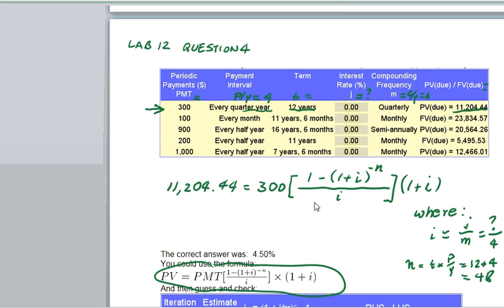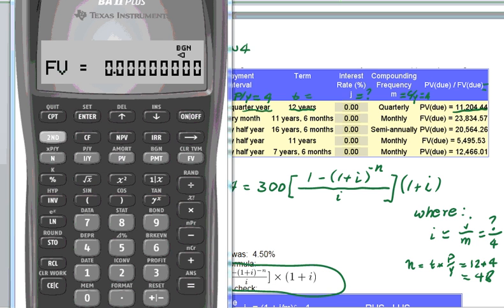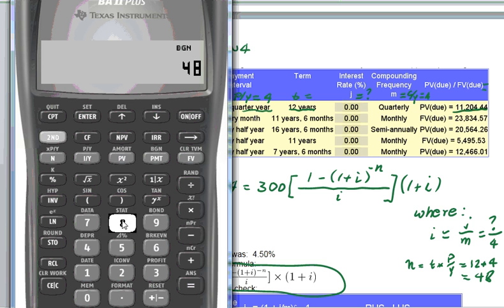Using a financial calculator the situation is much faster. In this case we're going to enter N is equal to 48. That's 48 payments. Then we'll put 0 for the nominal rate.